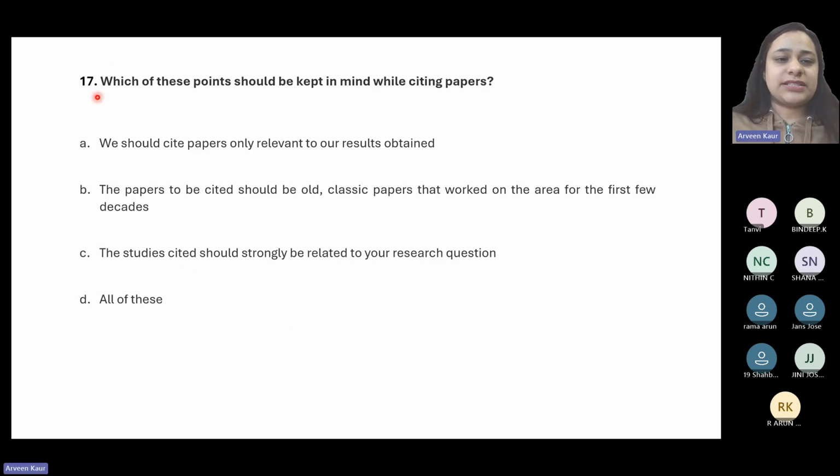Then we come to question number 17, which is: which of these points should be kept in mind while citing papers?